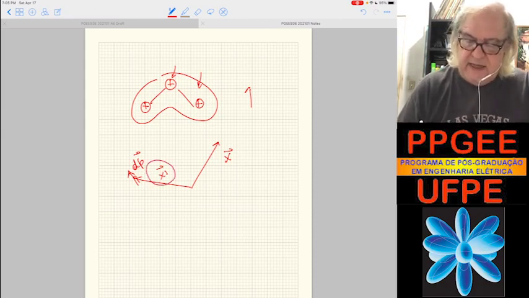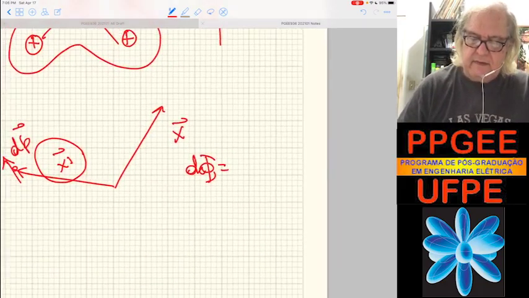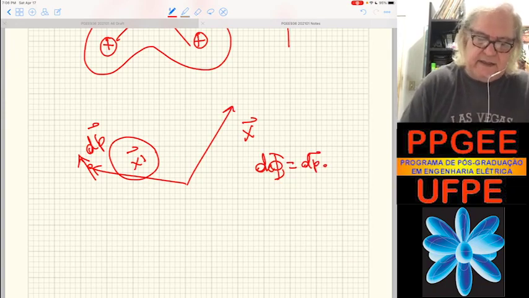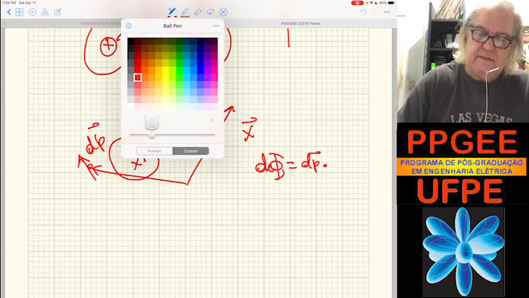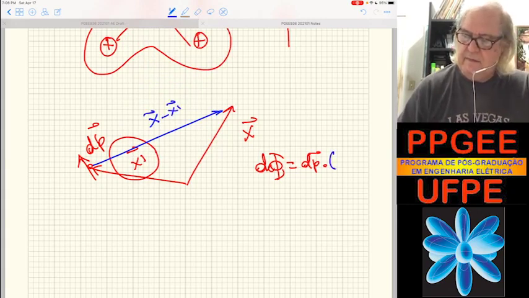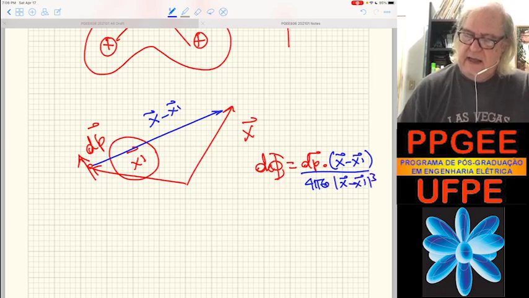So the potential due to that dipole is dP dot the difference vector, over 4 pi epsilon 0 times the magnitude of x minus x prime cubed.